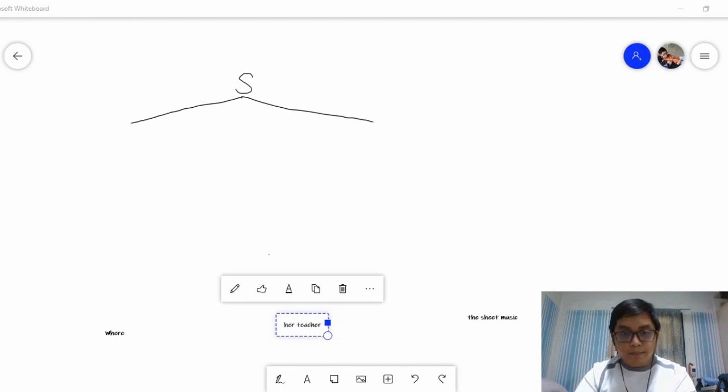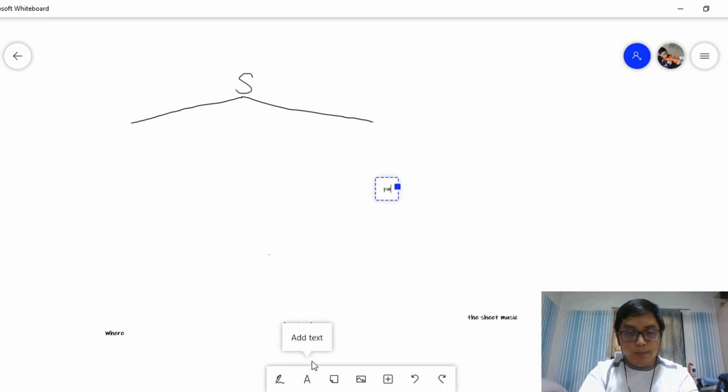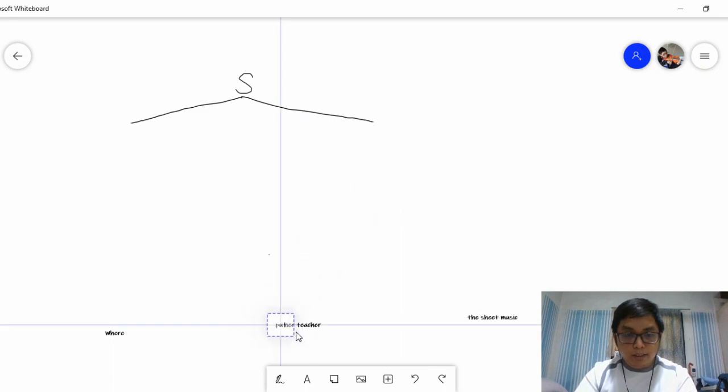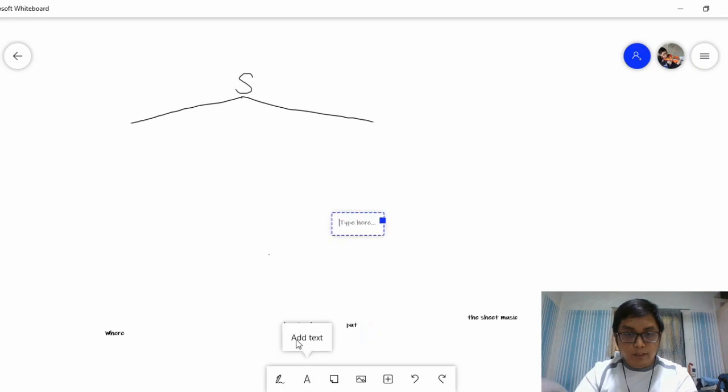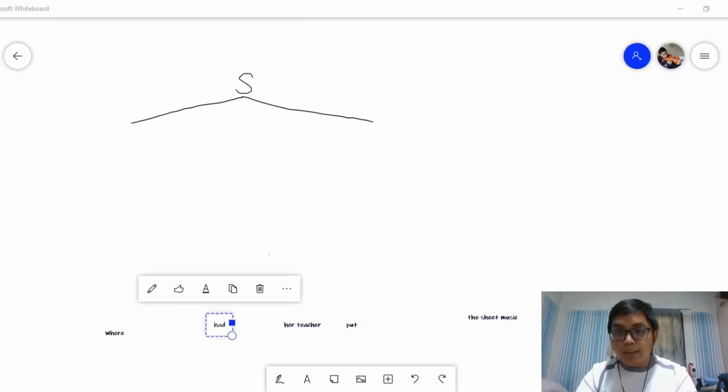Right. And then don't forget the word put. Then lastly, okay, we have the presence of the word had. Okay. So again, the sentence is supposedly, where had her teacher put the sheet music?